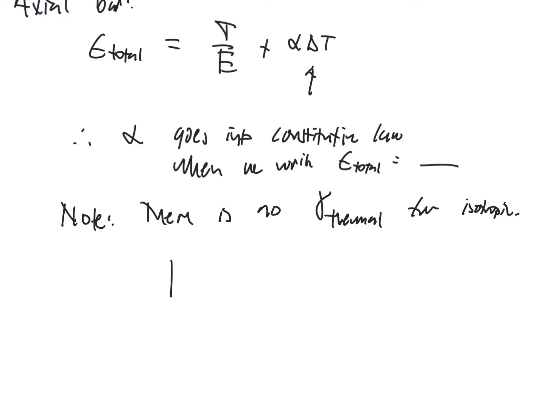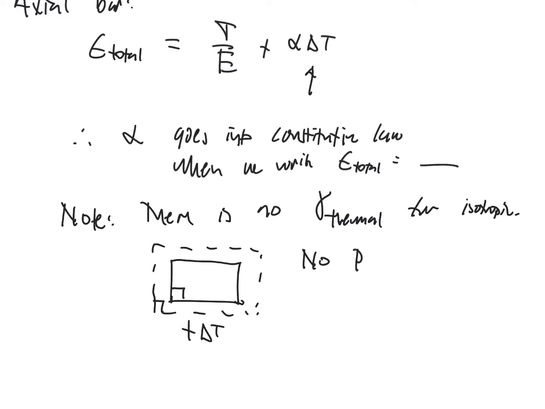That means that if we have a rectangular section, and we've got our original right angles, and we have a delta T, then it's going to grow. Again, for most materials it's going to grow like this, but it stays at 90 degrees. So there is no shear strain or shear thermal strain, and there's no Poisson effect. So there's no Poisson thermal.